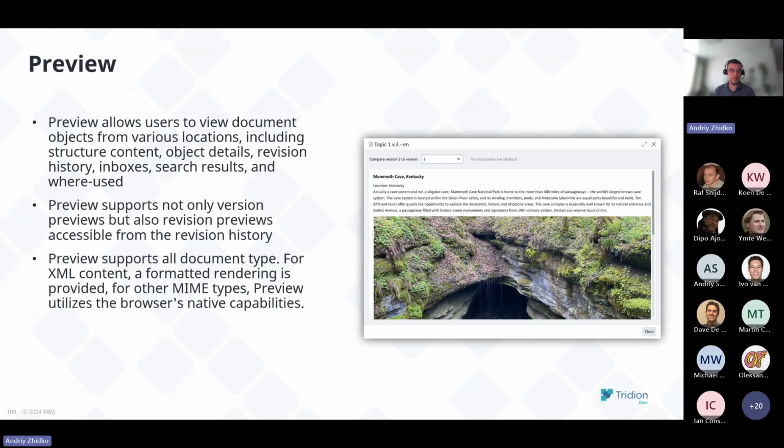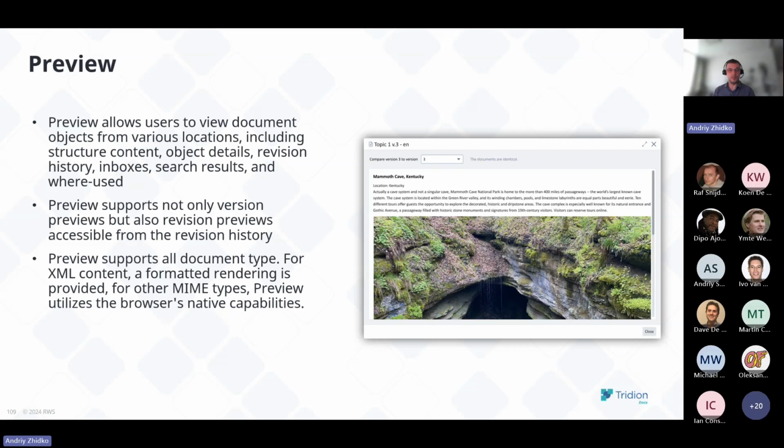In general, preview allows users to view document objects from different locations, like structured content, revision history, object details, inboxes, search results, and where used.